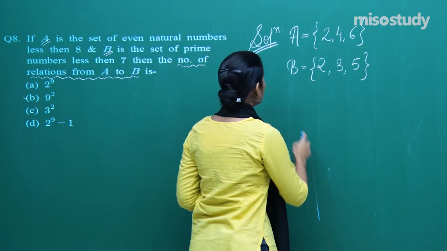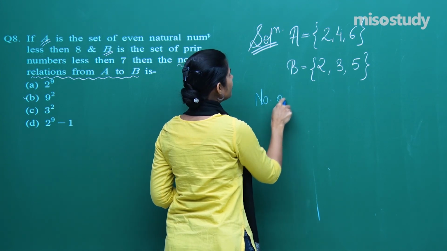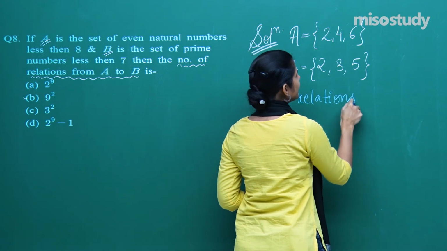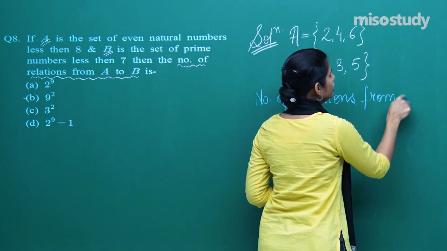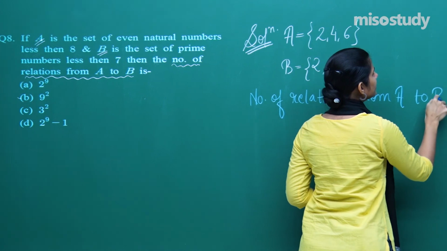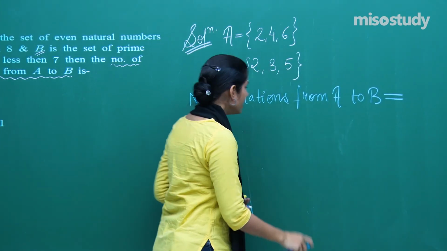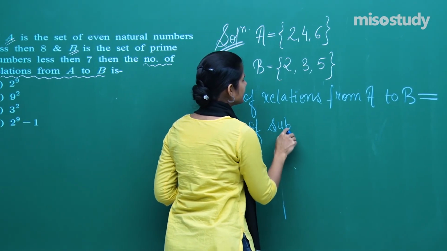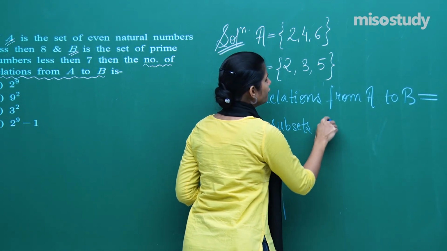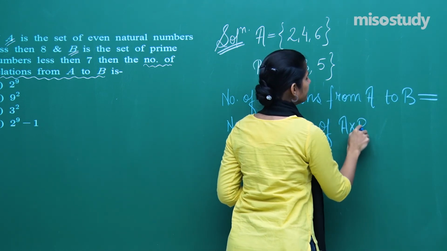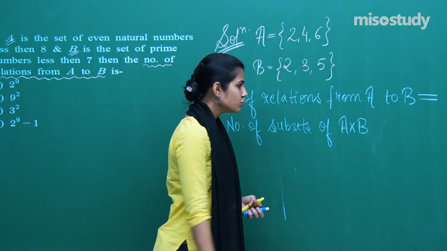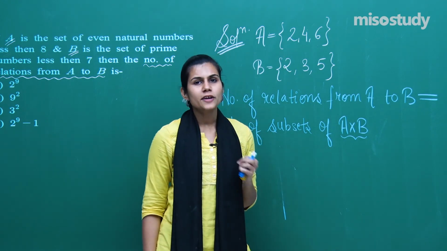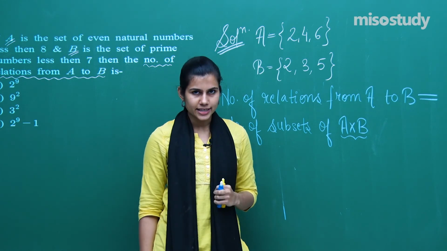Well, we all know that the number of relations from a set A to another set B is equal to the number of subsets of A cross B. And I just told you that if you know the number of members sitting in a set, you can find out the number of subsets that set possesses.